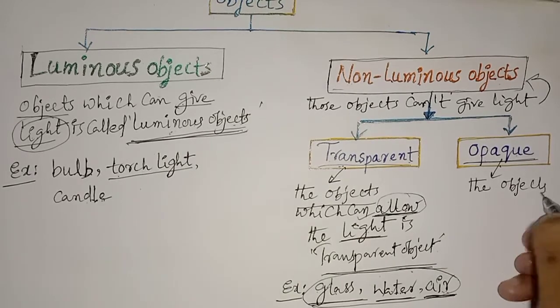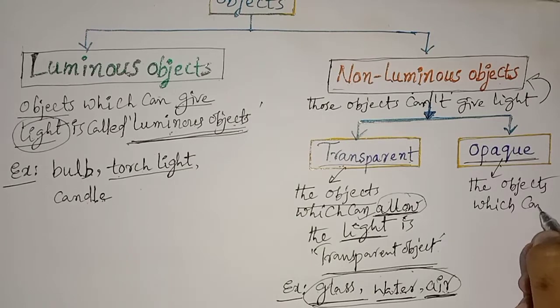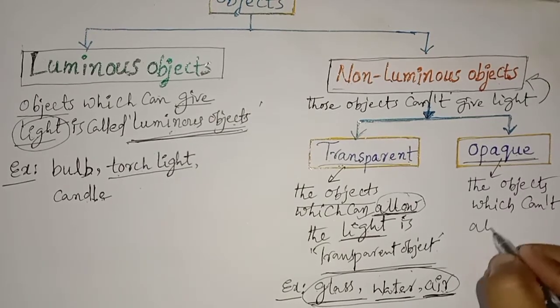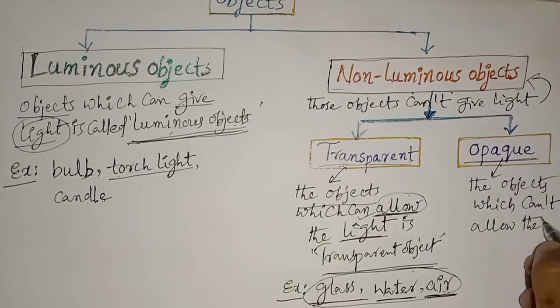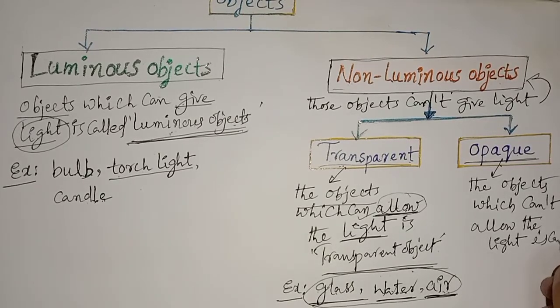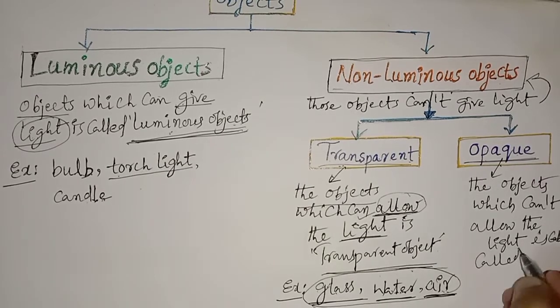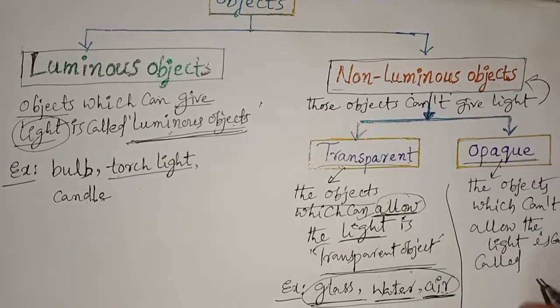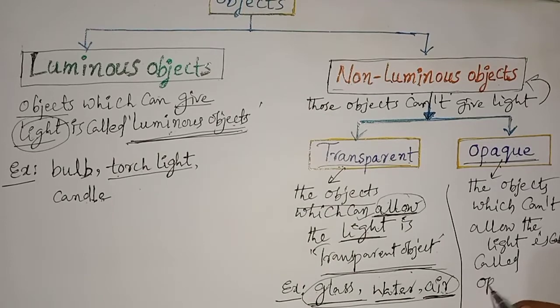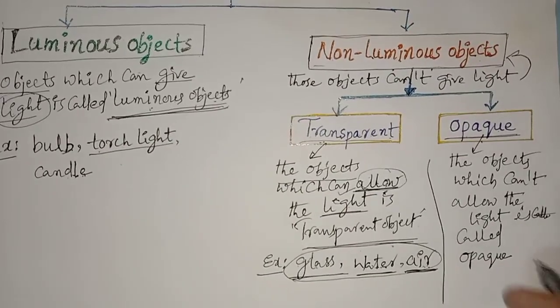The objects which can't allow the light are called opaque objects.